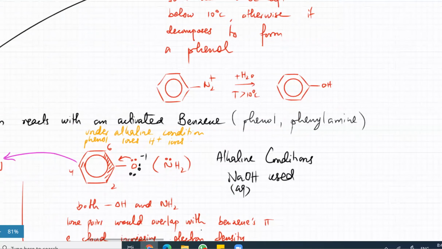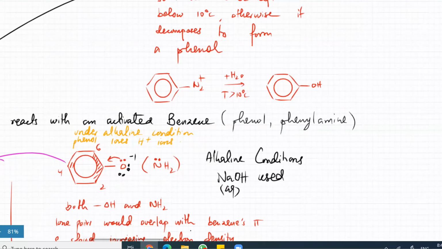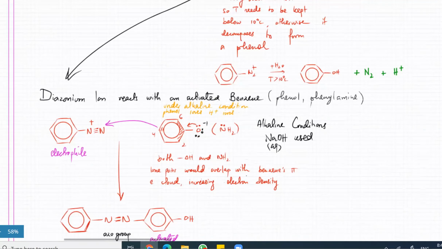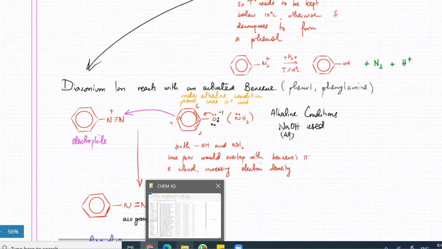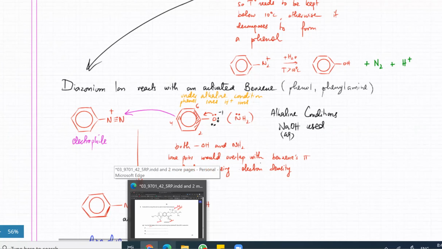When it decomposes, although that's not really important, you don't have to remember the whole reaction, it produces nitrogen gas. You can make a correction over there. Is that clear? Both of them I wrote incorrectly. Is this clear? Yes, sir. But again, you don't need to know the whole equation.